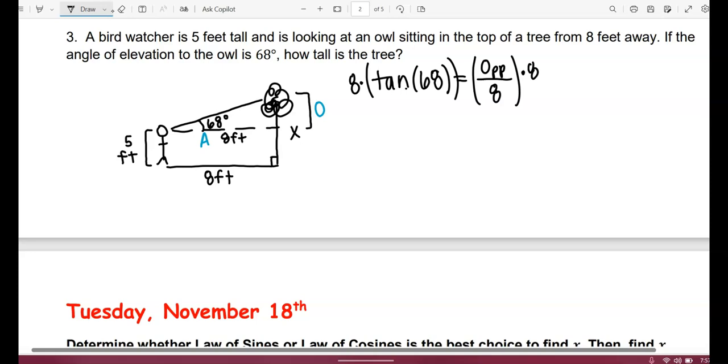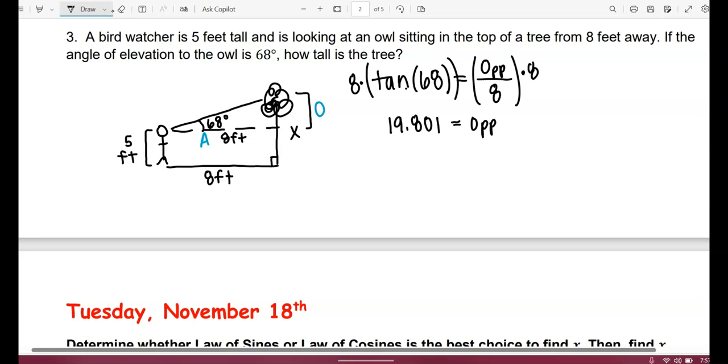What do you get from 8 times tangent of 68? It would be 19.801. Okay, cool. That's my opposite side.